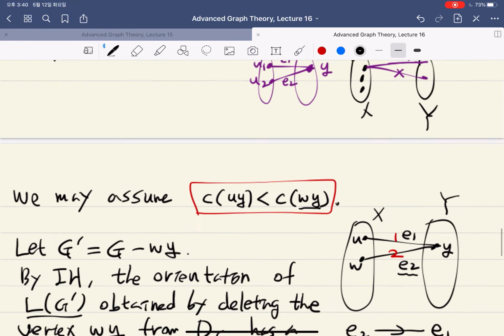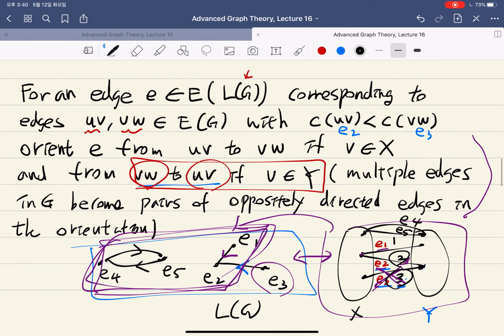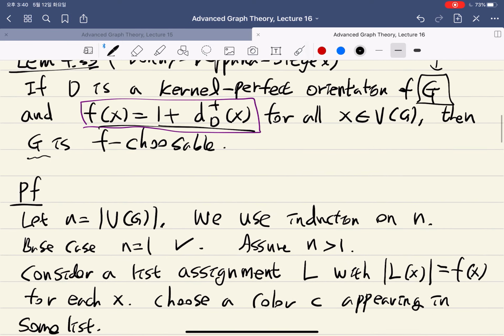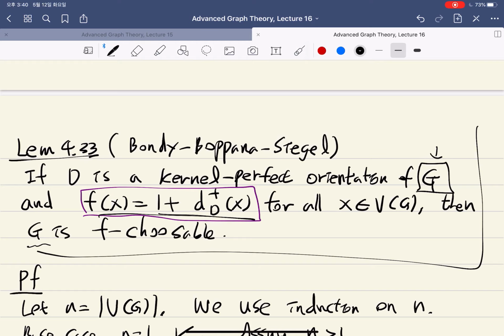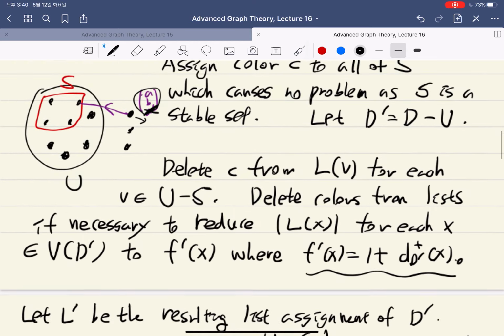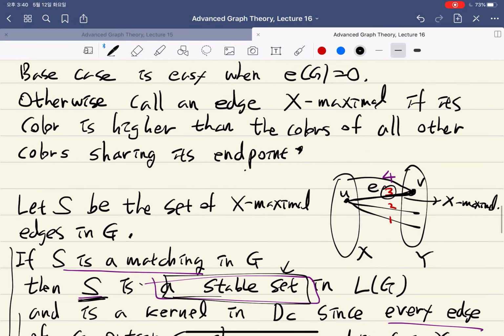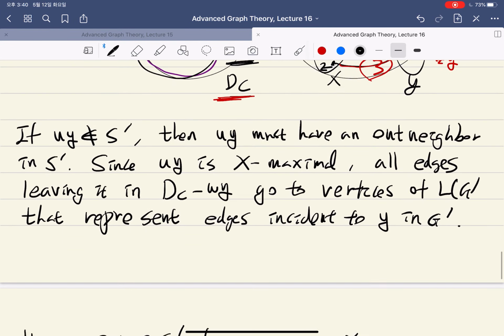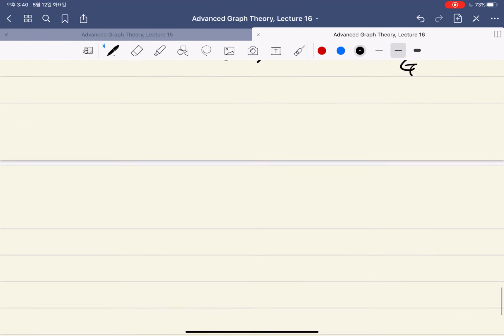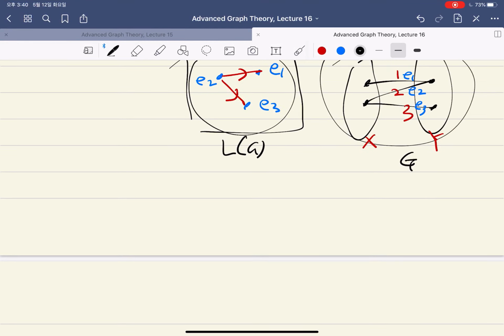So in order to apply this lemma, it's better if all the vertices have low out degree. So let's bound the out degree of an edge, say xy.